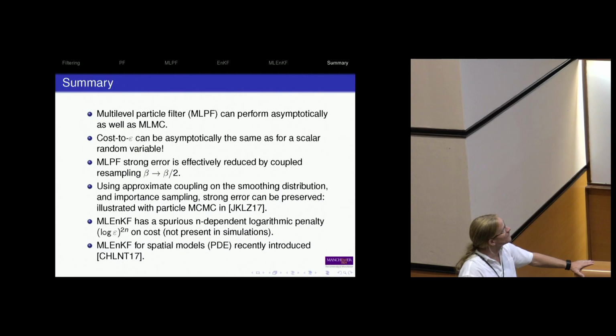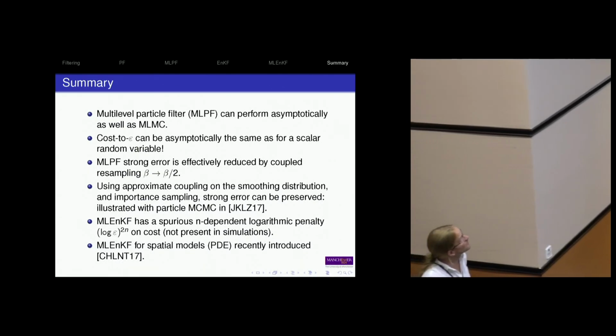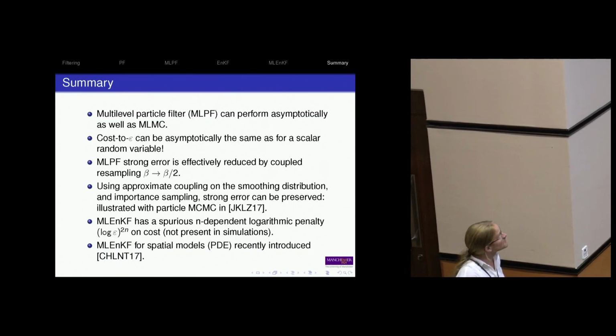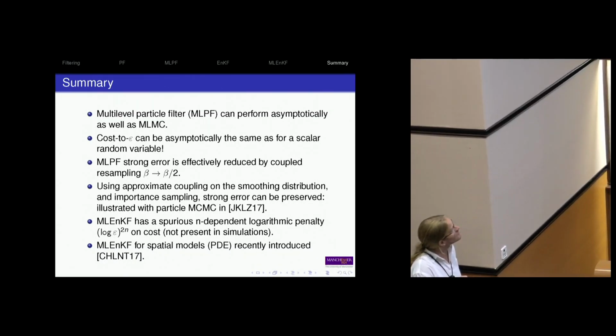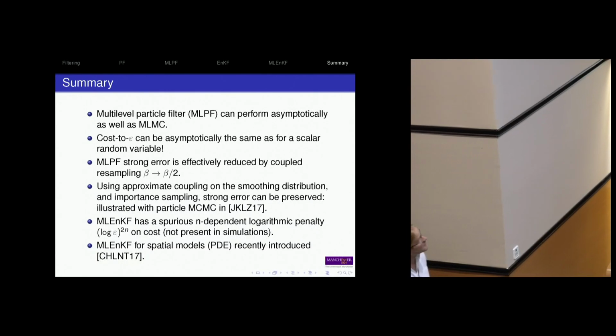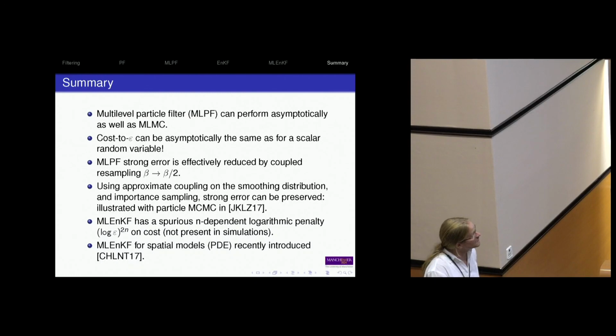So the multi-level particle filter can perform asymptotically as well as MLMC. We have this reduction in error rate, with this reduction in strong error. But still the cost for error epsilon can be the same as sampling a scalar random variable. We're able to preserve the rate with particle MCMC, which I will talk about on Friday.